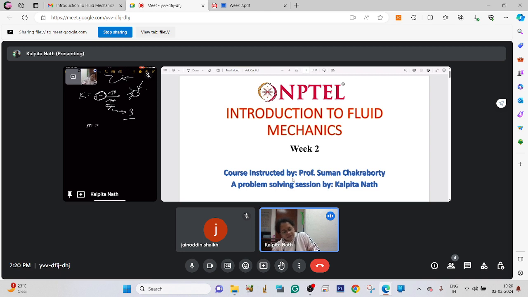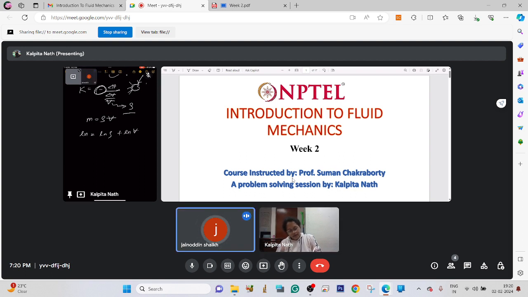We know that mass is equal to density multiplied by volume, right? So if we take ln on both sides, ln rho plus ln V, and if we differentiate all of them, what will happen? Mass is constant for a small body, right?